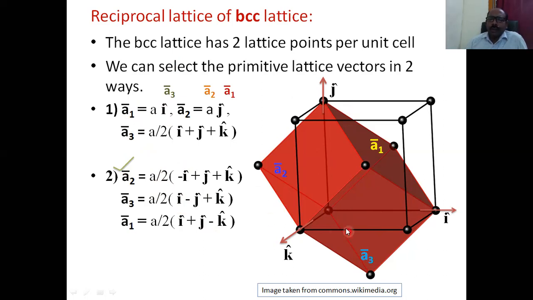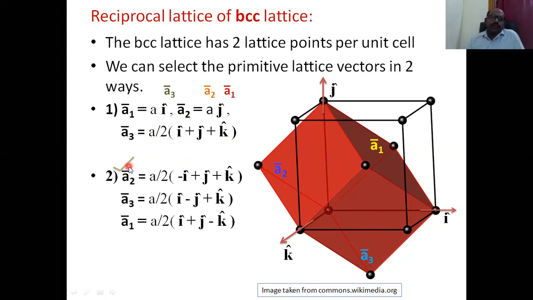So if it is a i cap for a1, and this is a2, and a3, in that case it is our origin. Our body center point is 1 by 2, 1 by 2, 1 by 2, so we have a by 2 times all positive terms.